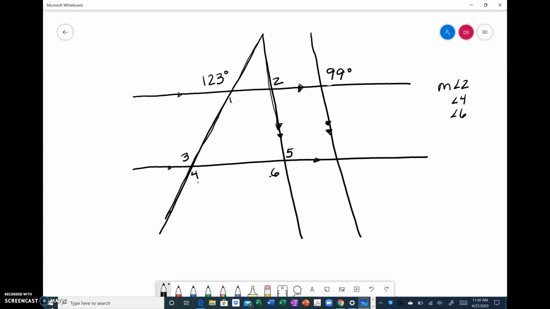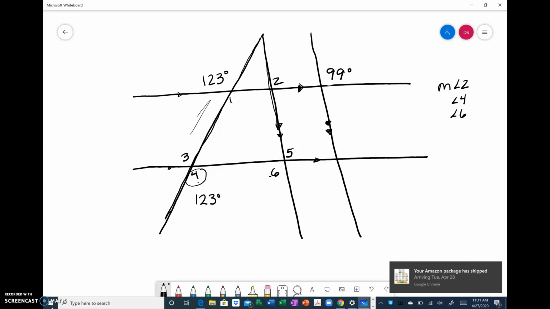So I'm going to have to tell you because I told you I was going to do the evens with you, all right? So the measure of angle 4 is 123 degrees, all right? And then you should also know the measure of angle 3 at this point, and there's two separate ways you can get to that, okay?